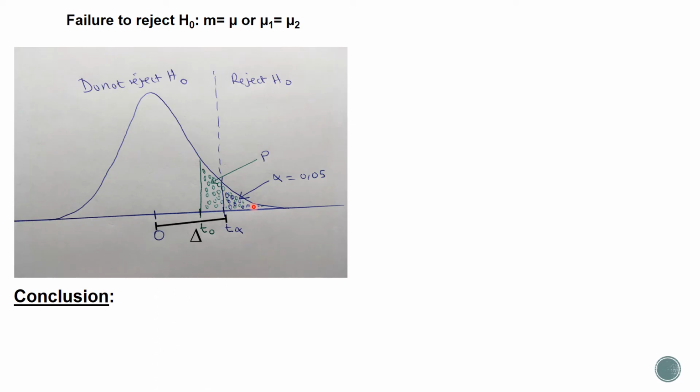So as you can see, as I said, at 0, there's no difference between the sample value and then the population value. But at t alpha, this difference is due to alpha, or the random sample error.